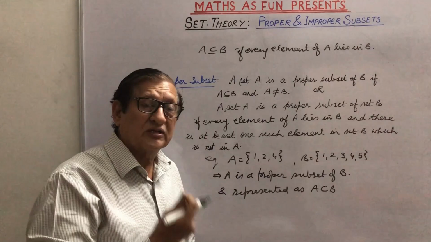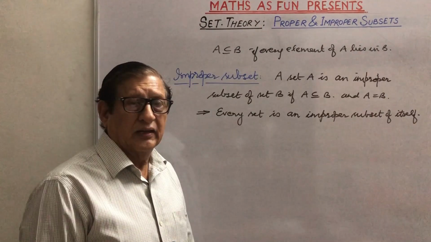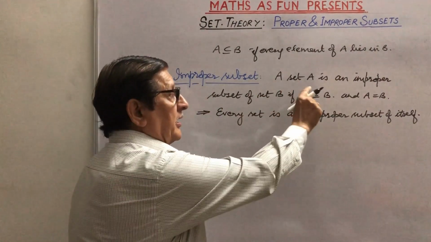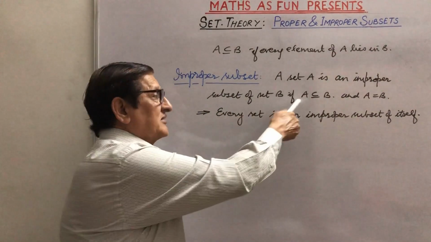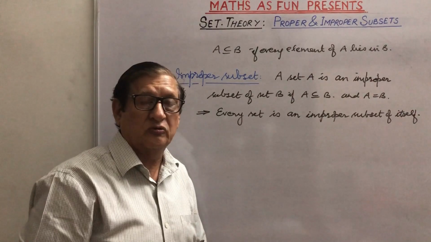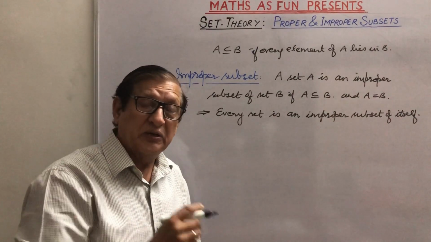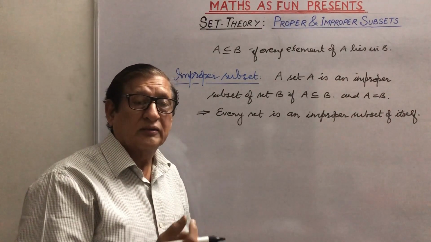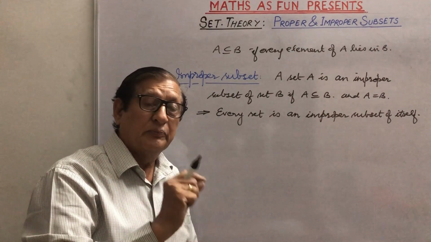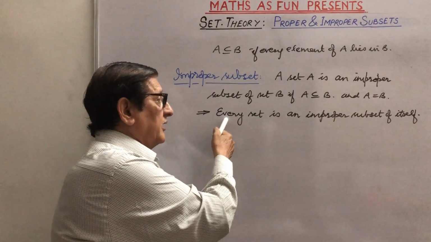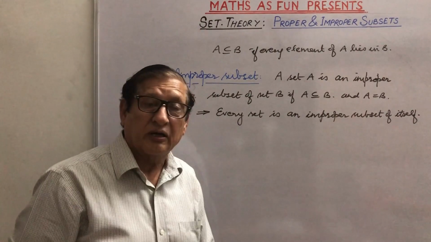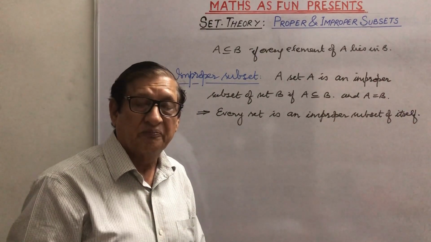Now we learn about what is an improper subset. We say a set A is an improper subset of set B if A is a subset of B and A is equal to B. It means if the sets are equal, then they are improper subsets of each other. Or we can also say that every set is an improper subset of itself.